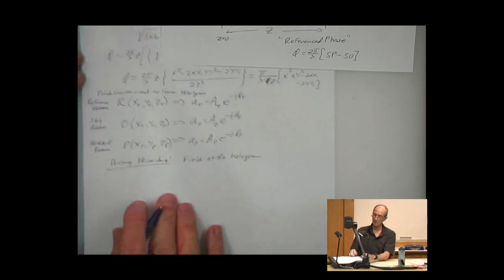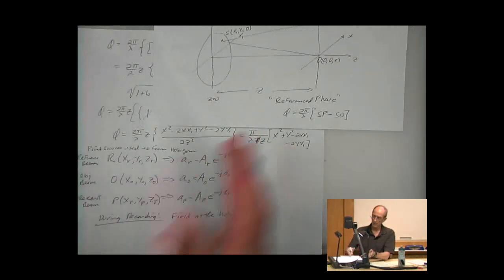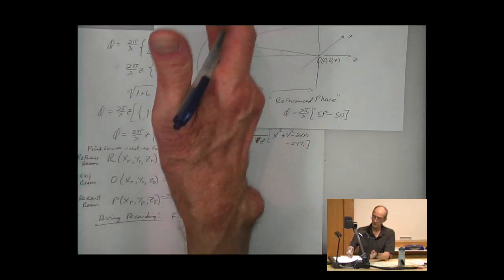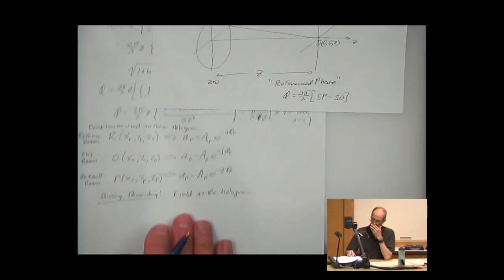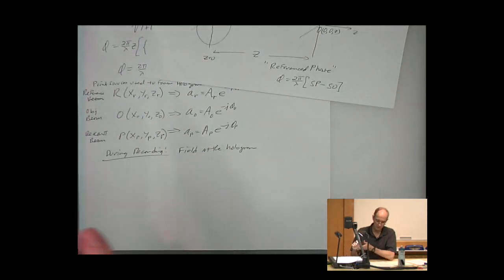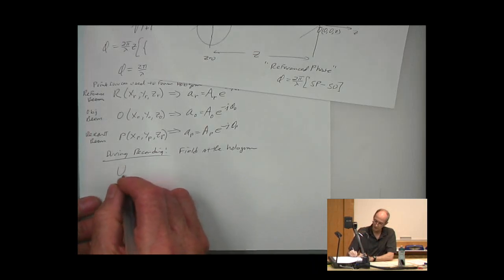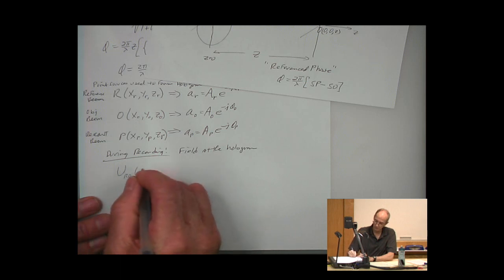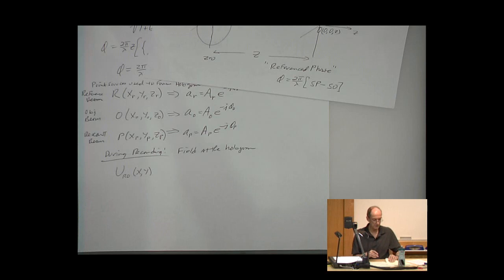So we have these point sources sitting out somewhere in one plane, and then we want to find out what happens when we illuminate that hologram. So when we do that, the field at the hologram now is, say, u sub r0, and on the hologram we're going to use the coordinates x, y.